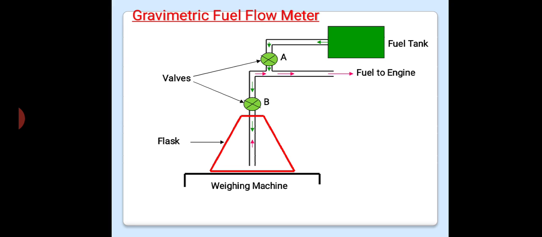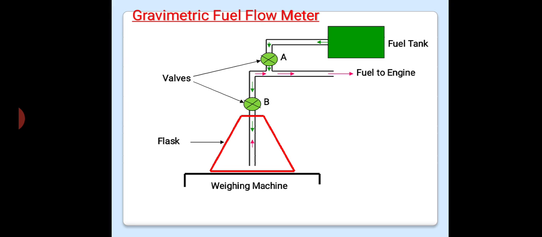Now the next method is the gravimetric fuel flow meter. This is an arrangement for direct measurement of the mass of fuel supplied. When the measurement of fuel supply is not required, valve B is closed and valve A is kept open so that fuel from the fuel tank is directly supplied to the engine. When the measurement of fuel flow is required, both valves A and B are kept open.